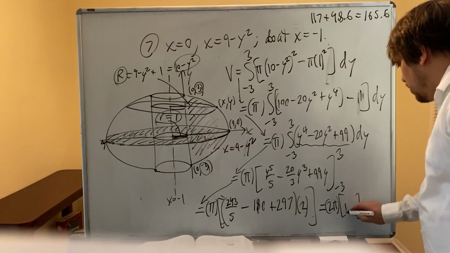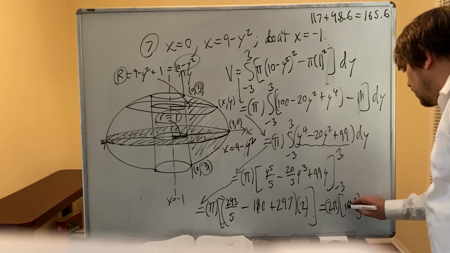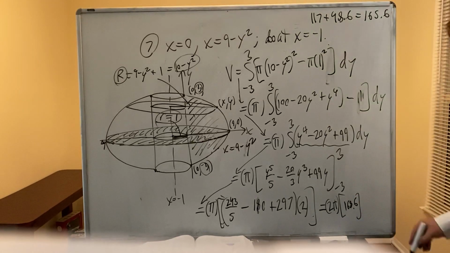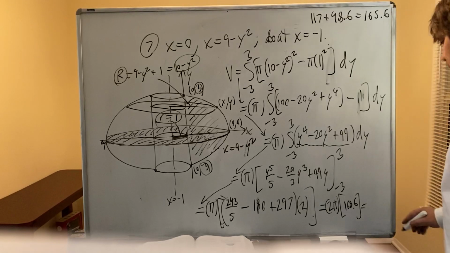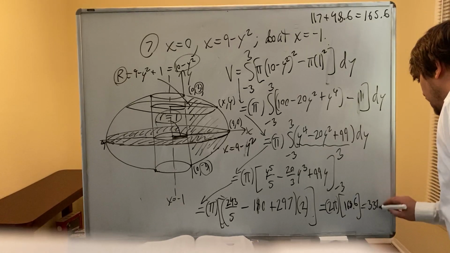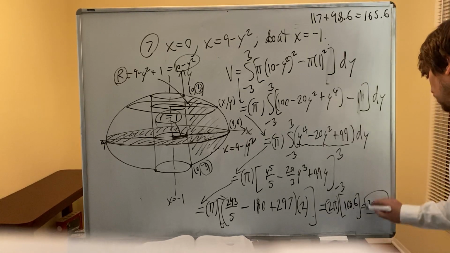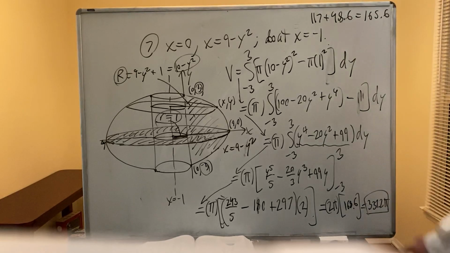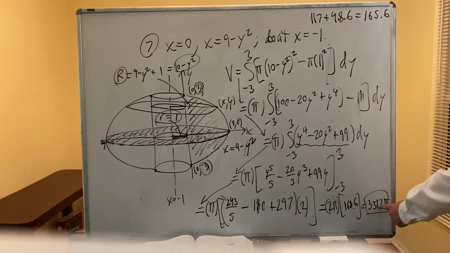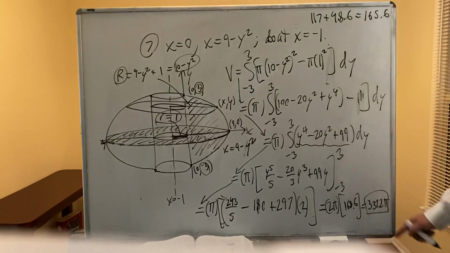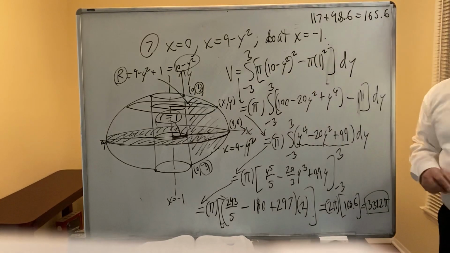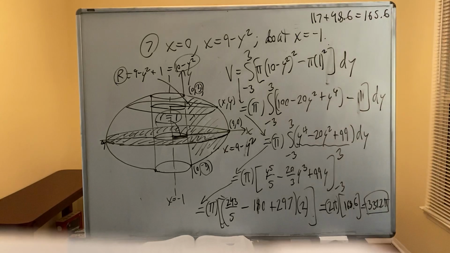Okay, so this is 168.6 times 2 pi, and that's the same as 337.2 pi. And good. So 337.2 pi, and that's the final answer. That's the volume of that three-dimensional object.